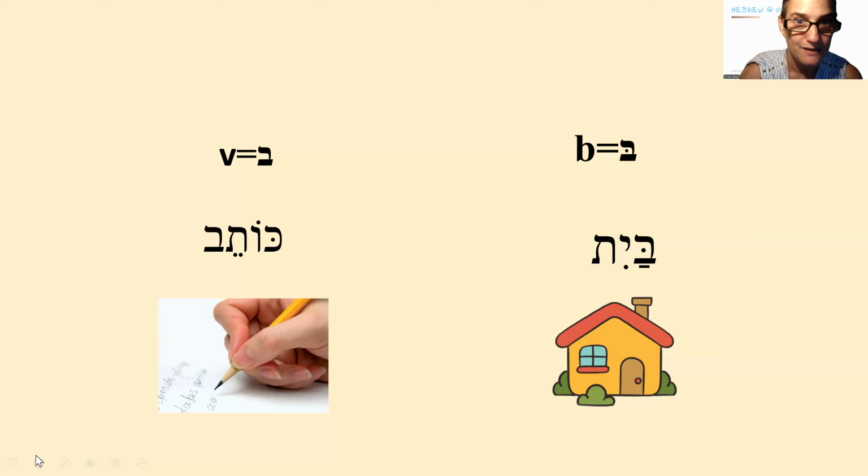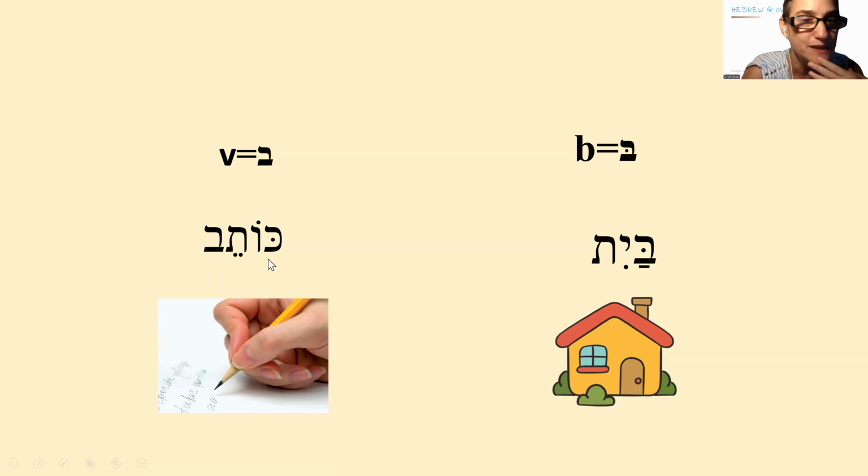And the bet also has a variation. It can appear with the dot in the middle. It's the bet that we know, like a B, and we found it in bayit. But without the dot, it can also sound like a V. So just like the vav, a little bit confusing, but that's the way it is.